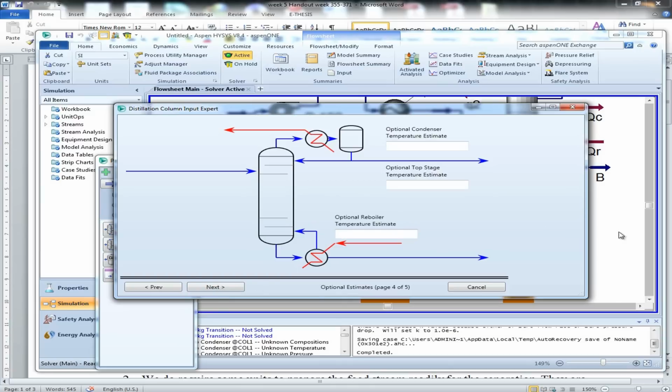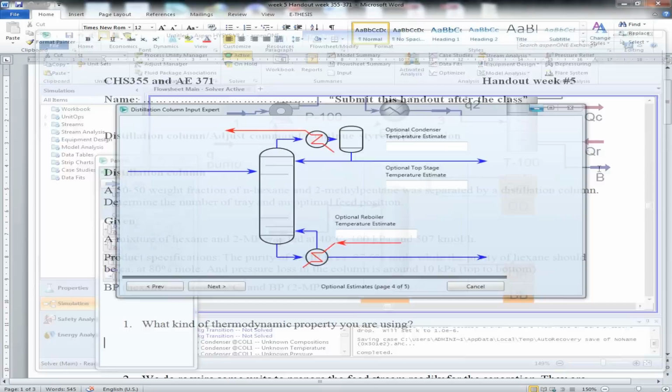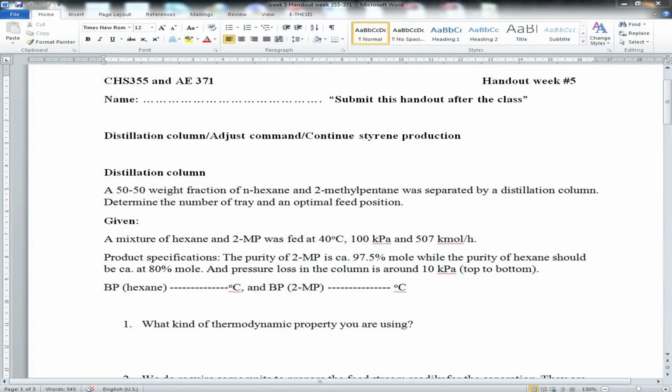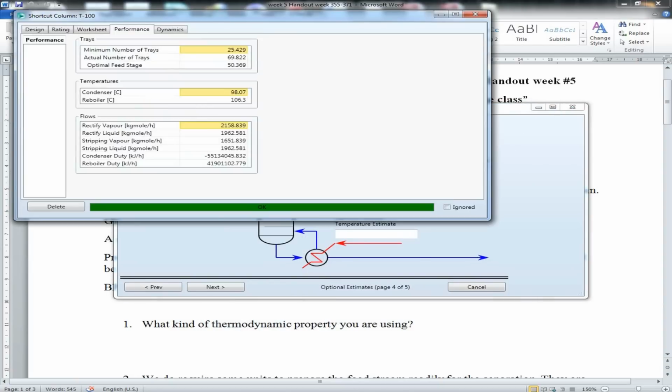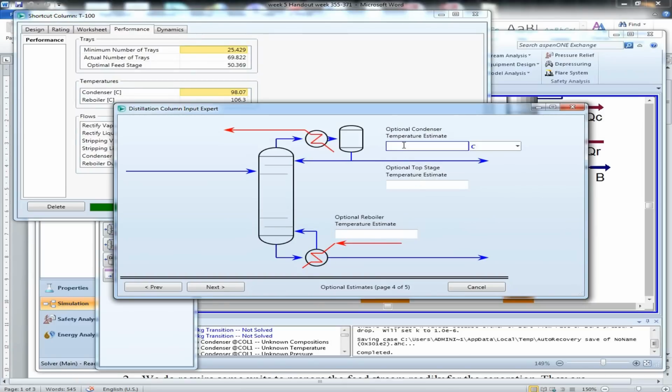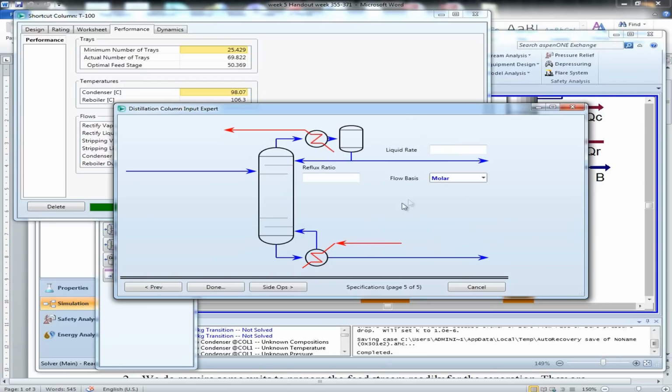While the temperature, I've got 98 and 106. Those are the estimated values, so we don't care much, just put the initial guess to that. And now it's done.